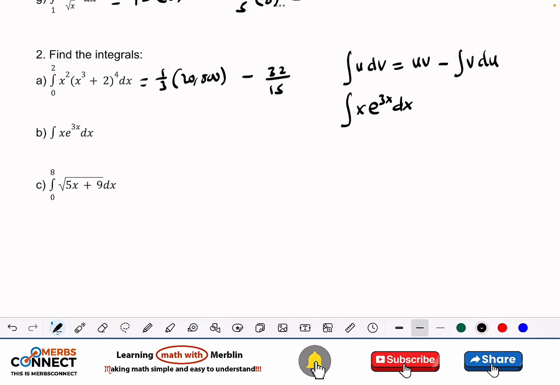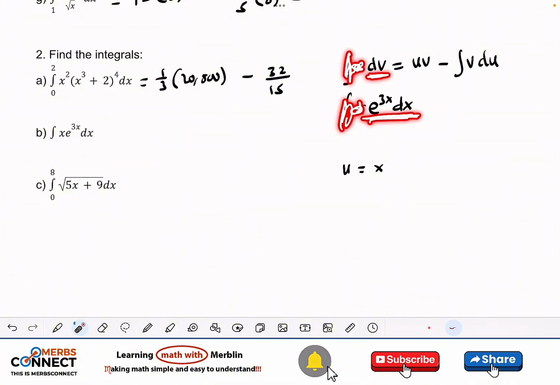Good. Now the idea is to always choose u in such a way that you can differentiate it to a constant term. So this integral sign goes with this integral sign here, right? So what I'm going to do first is choose u to be equal to x. So if this integral is going to this integral and this x is going with this x, what will be left is the dv, and the dv should be equal to everything left here.